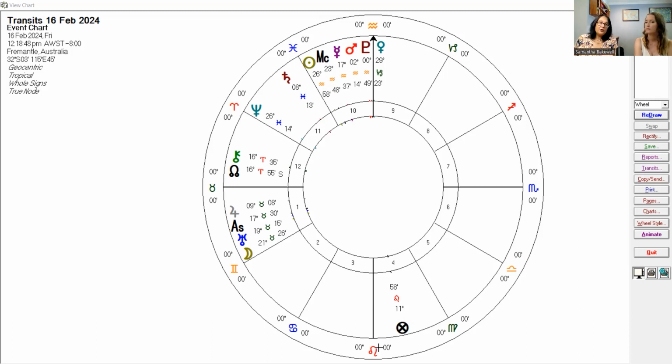So if it was Leo, it would still be in that scope of the sun in Aquarius kind of relationship or partner, somebody who has got that kind of Leo traits. So you would still look at the sign, any planets that rule that sign, and the planets within that house as well.